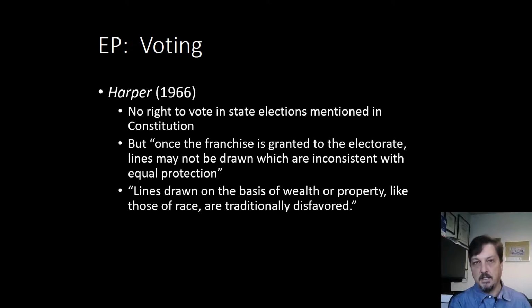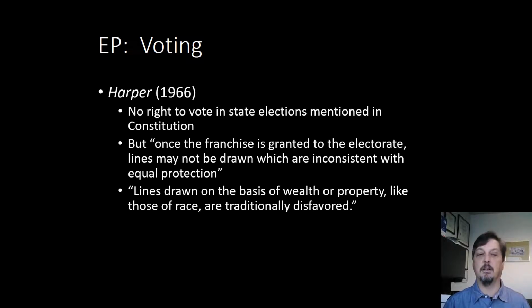Now, of course, state constitutions will have requirements within their own constitutions that different representative offices are subject to elections. And there, the Supreme Court has said, once the franchise is granted, once there's an office that the state says, yes, there will be a vote on this, then the state cannot draw lines that are inconsistent with equal protection. So there is a fundamental right in voting.